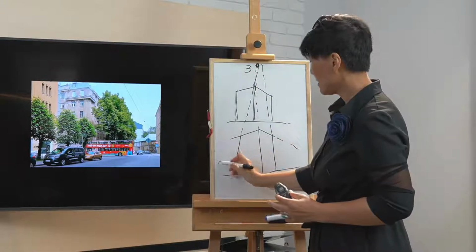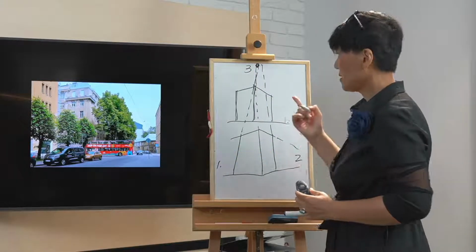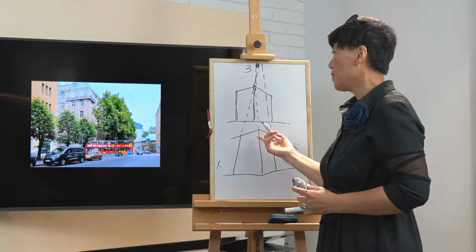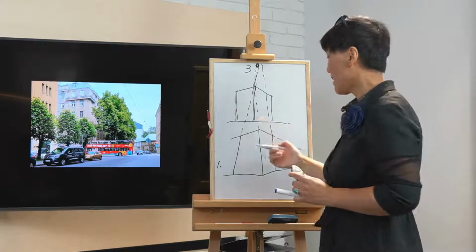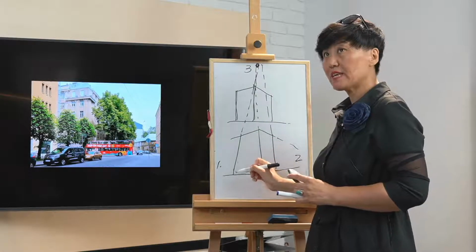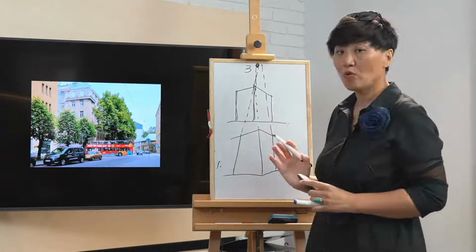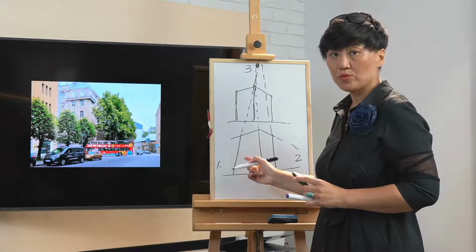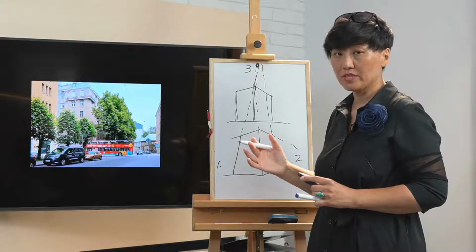So this is the third. The first is here, the second is here. When you see this kind of angle, for example, if I stand in front of a building and see this angle, I feel shocked, because this is not a normal angle that people see from the street.